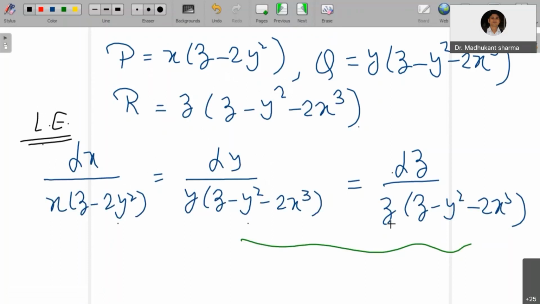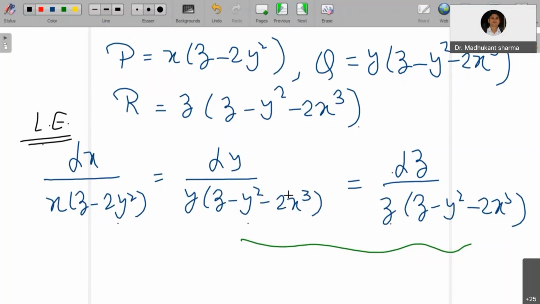Now last time we had the following associated Lagrange's equation. Divided by this, dz divided by this. So we have the following. Then we choose the last two, and we can see easily that the last two pairs will allow us to find at least one family.